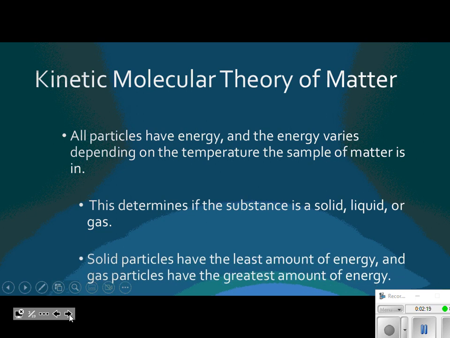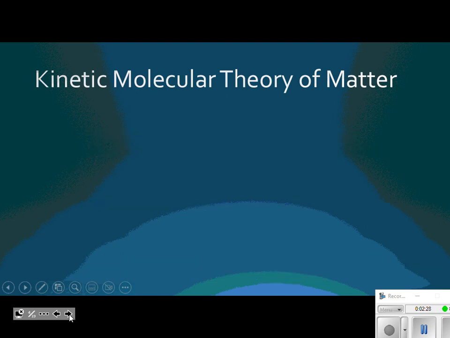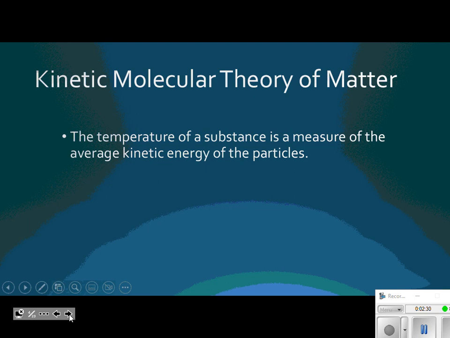Solid particles have the least amount of energy. Gas particles have the greatest amount of energy. The temperature of a substance is a measure of the average kinetic energy of the particles. So, we increase the kinetic energy, we increase the movement of the particles, we increase the temperature.